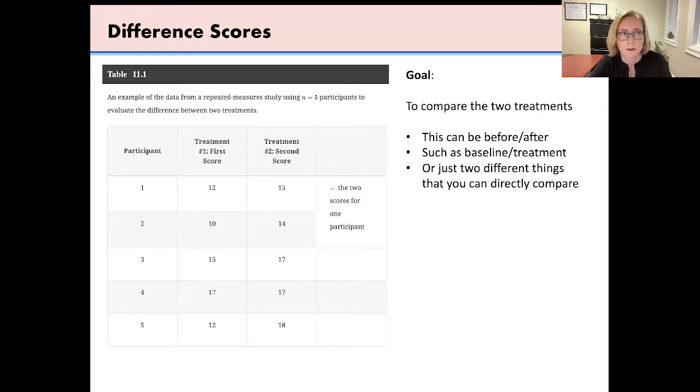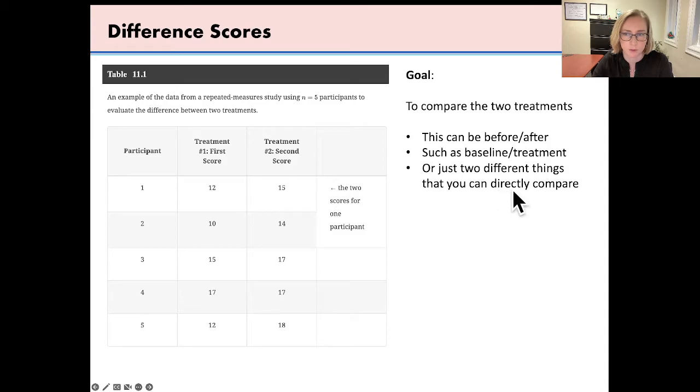It has to be something that you can repeat and test again. So, I'll get to that in a second. The goal here, when we're using these difference scores for one sample or one group tested twice, is to compare those two treatments, such as before and after, baseline versus treatment, or two different things that you can directly compare.